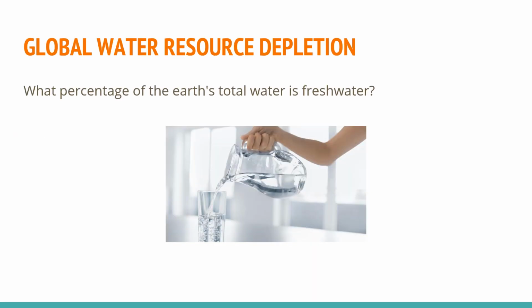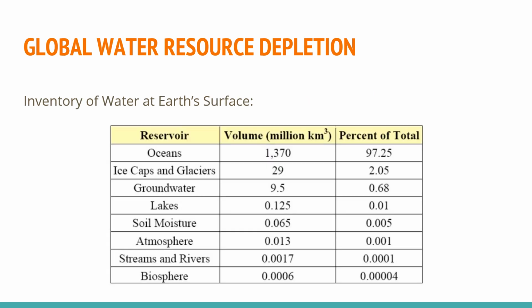You might think that because the planet is comprised of almost 70% water, that water shortages shouldn't even be an issue, right? Well, when we take a look at the actual reservoir and the composition of that water, a lot of that is more so in the oceans, and 90 up to 97% in fact.